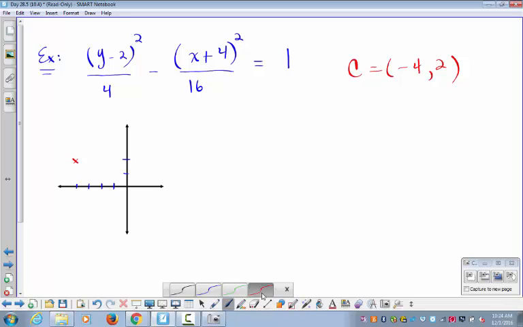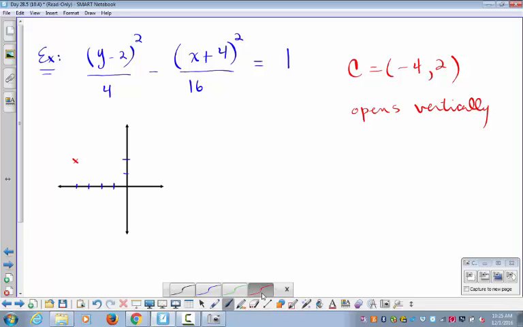Does this one open horizontally or does it open vertically? So the y's are in front, so that tells us that it opens vertically. What I would think in my head, if you go to the simplest possible hyperbola with y's in the front, would be y squared minus x squared equals 1.